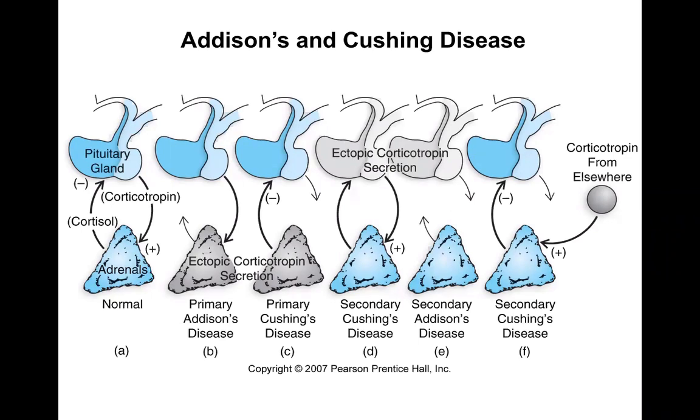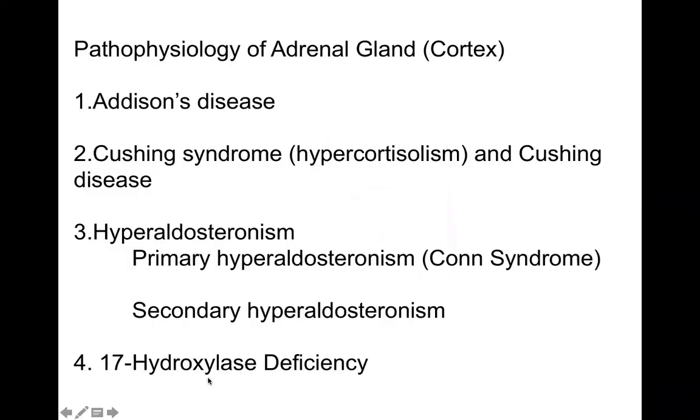So these are the different pathological conditions in which you will see that these diseases directly affect the production of these hormones, and these in turn affect the body in several ways.